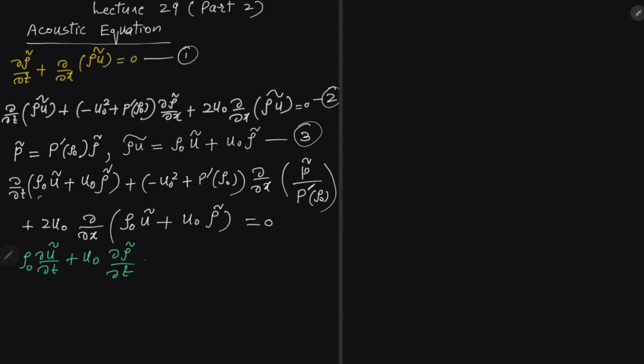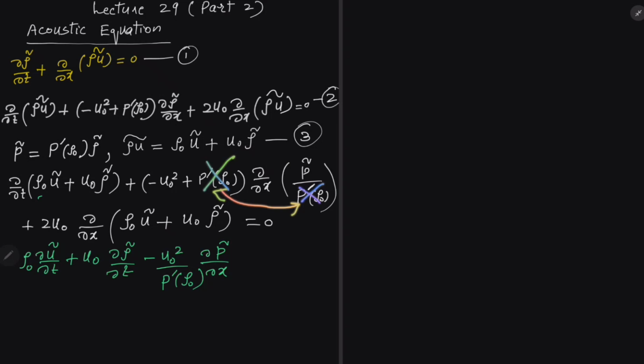So we get minus u naught square p dash rho naught. Since p dash rho naught is a constant, it is just a number, partial p tilde by partial x. Now we see the next term over here, and you can see that these two terms will cancel out.